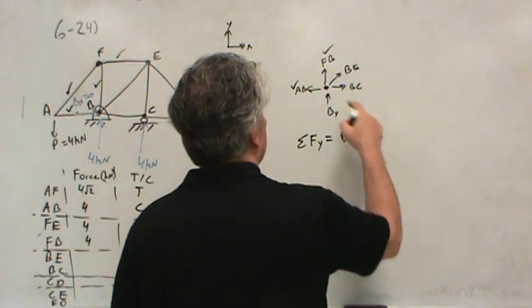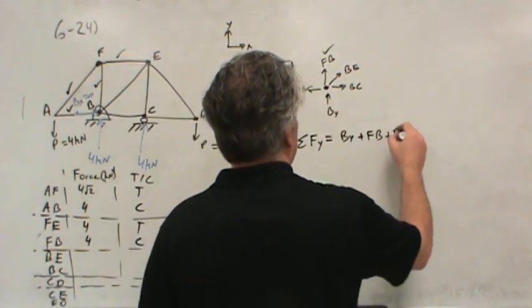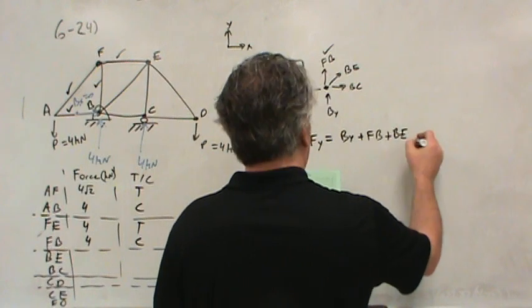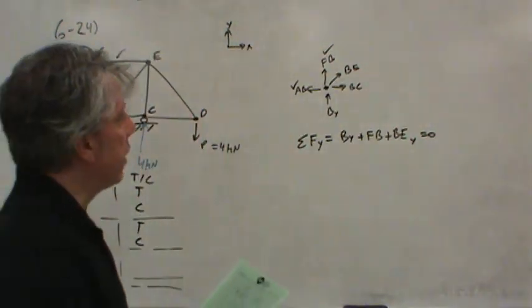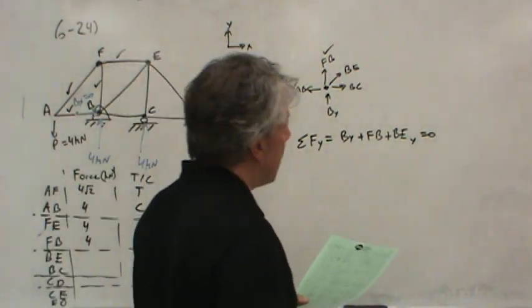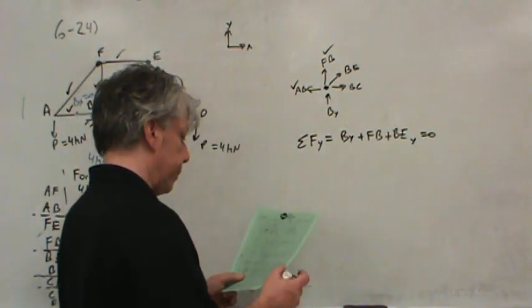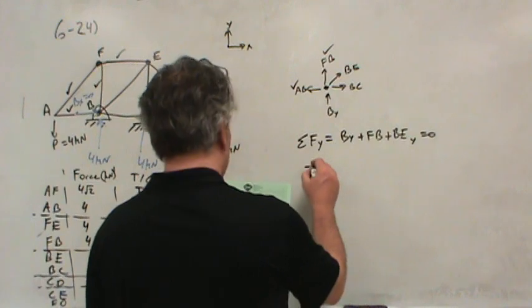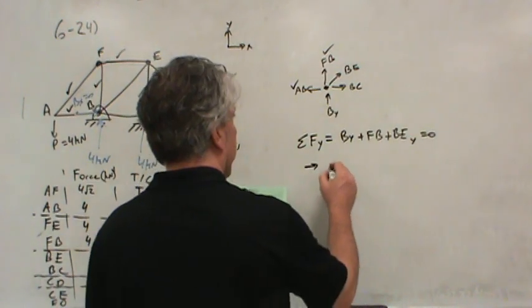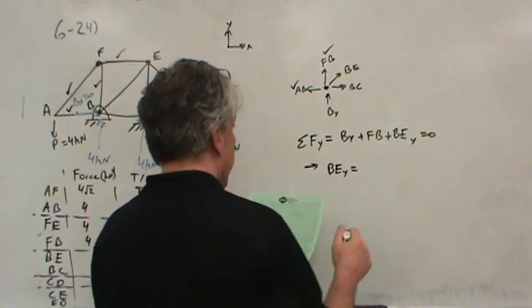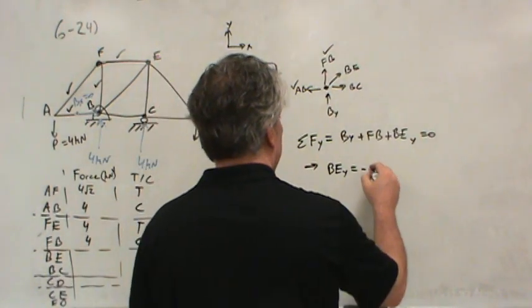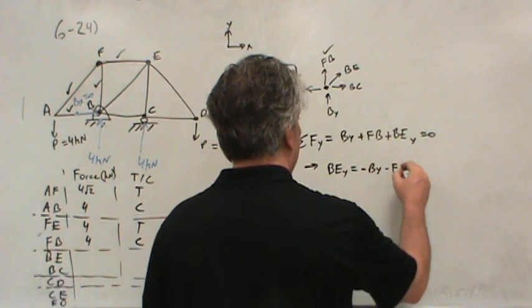So summing forces in the y direction, we've got BY plus FB plus BEY in the y direction equals 0. Those are all the forces that have y components for point B. So rearranging this just a bit, we will get BEY, which contains the unknown, equals negative BY minus FB.